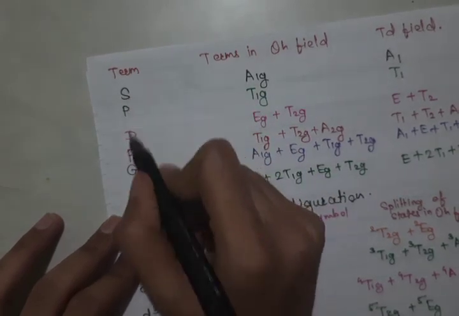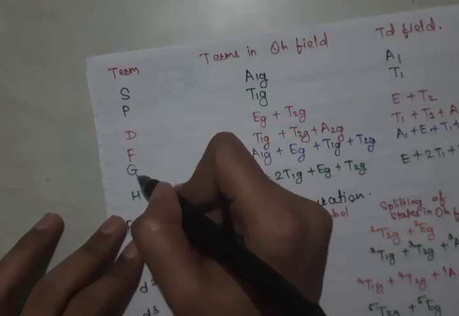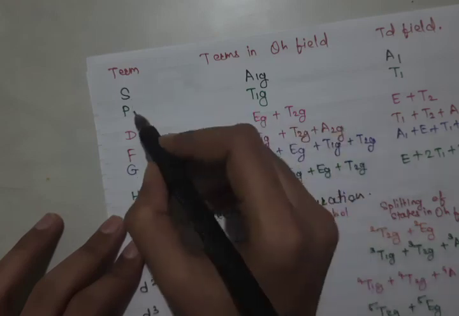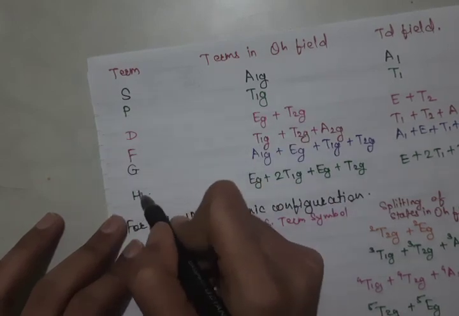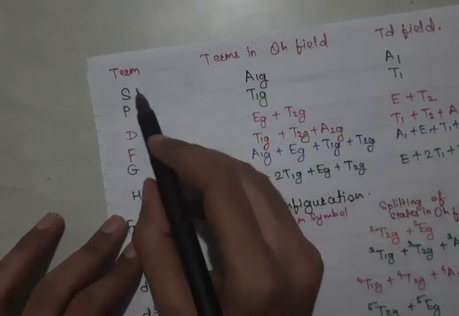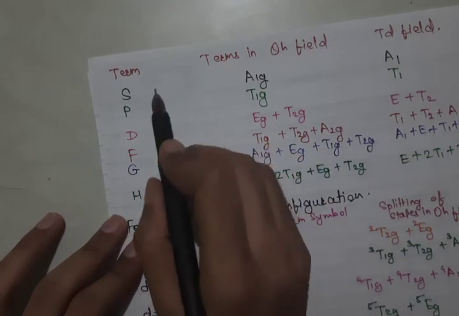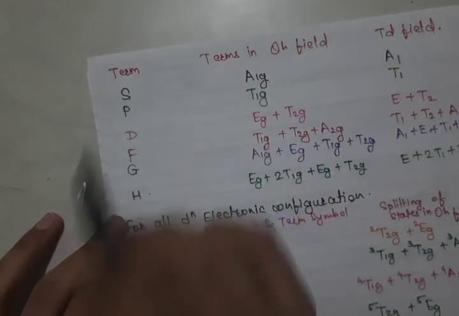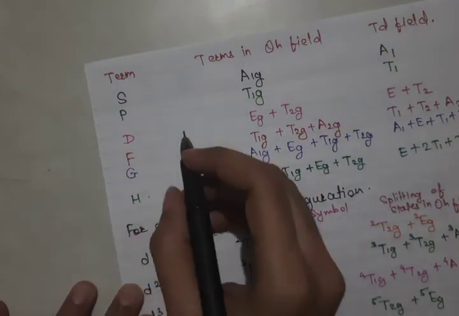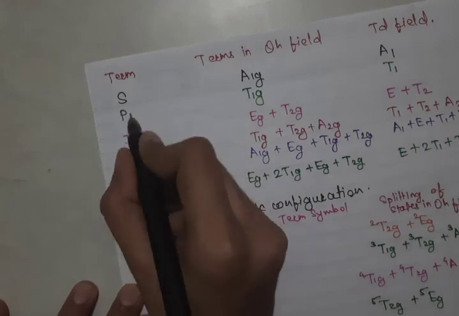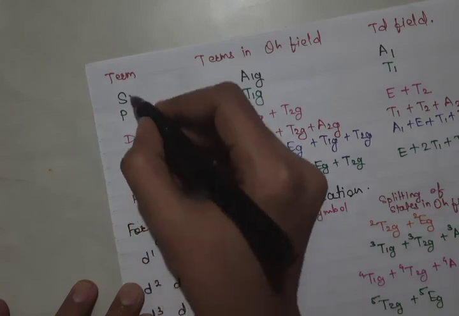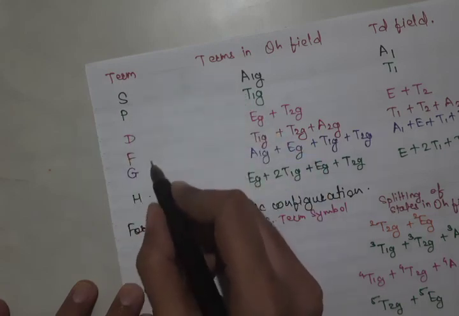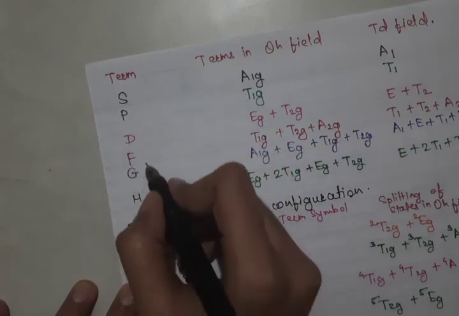So this is S term, P term, D, F, G, H. These are the terms with the L value 0, 1, 2, 3, 4, 5. When the orbital angular momentum value L is 0, the term is S. When the value of L is 1, the term is P.